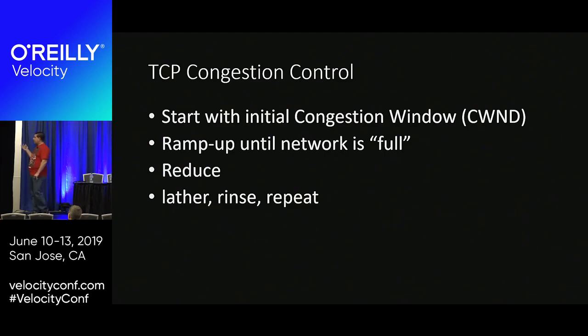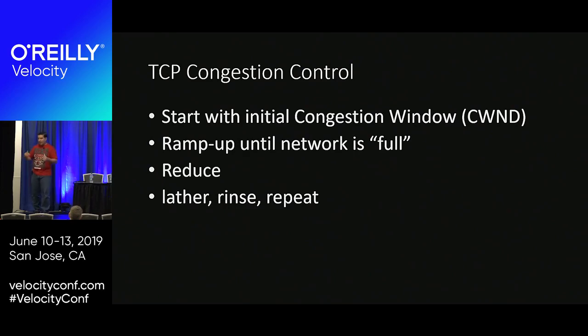And so what it usually ends up doing, and this is where TCP slow start comes into play, is it starts with an initial congestion window, which in most configurations these days is configured for 10 packets, 15K. And so it sends out 15K of data immediately. And then, we'll get into the different algorithms, but it increases the amount of data it sends until it detects that the network is full.